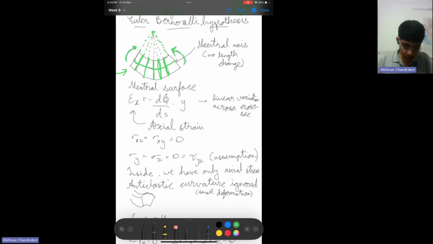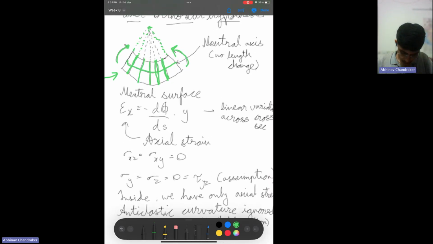We can also understand that as you move along the sample from the outer surface to the inner surface, you can consider the outer surface as being negative y and the inner one as being positive.